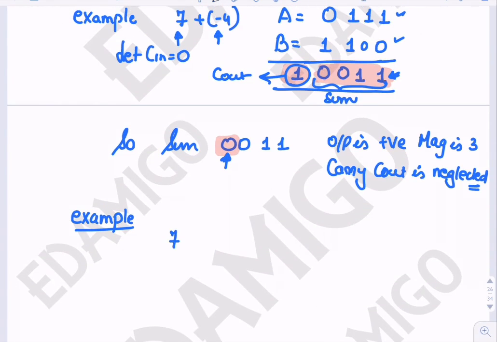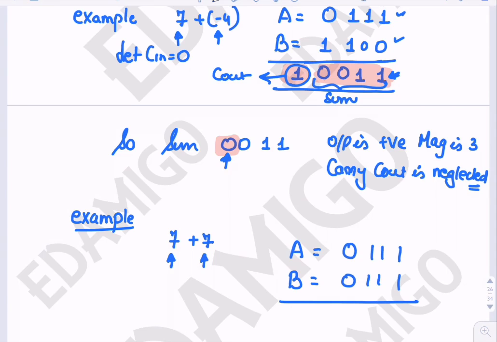Let's add the two numbers 7 plus 7. So we have two numbers, A is also 7, B is also 7. A is equal to 0111, B is equal to 0111. So 0, 1 carry, we'll get 1 here, 1 carry, we'll get 1 here, 1 carry, we'll get 1 here, and 0 here.